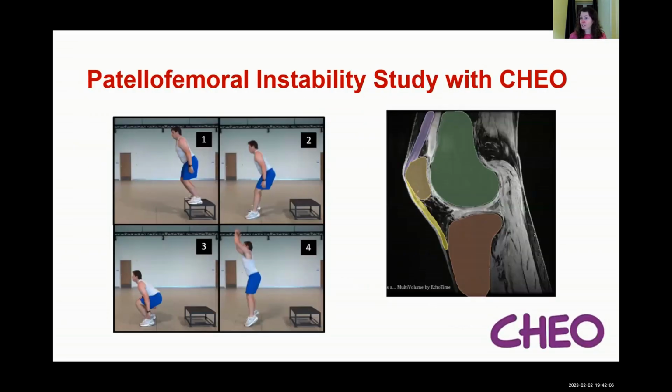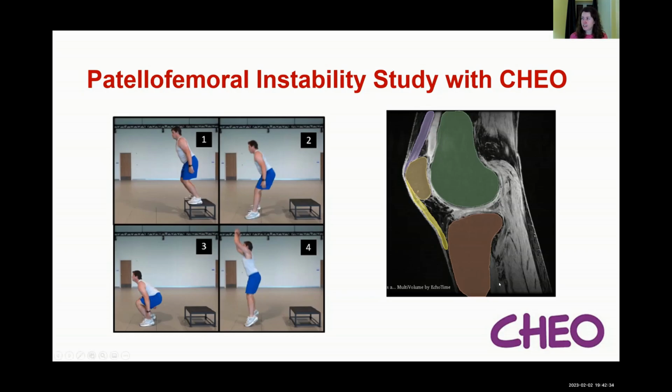So the last thing I'll mention is a study that we're going to be starting soon. We're working with a surgeon at CHEO and the research group there to look at patellofemoral instability in adolescents. So this is instability of the kneecap. We're going to get some adolescents with patellofemoral instability and some without to come to the lab so we can measure their movement.